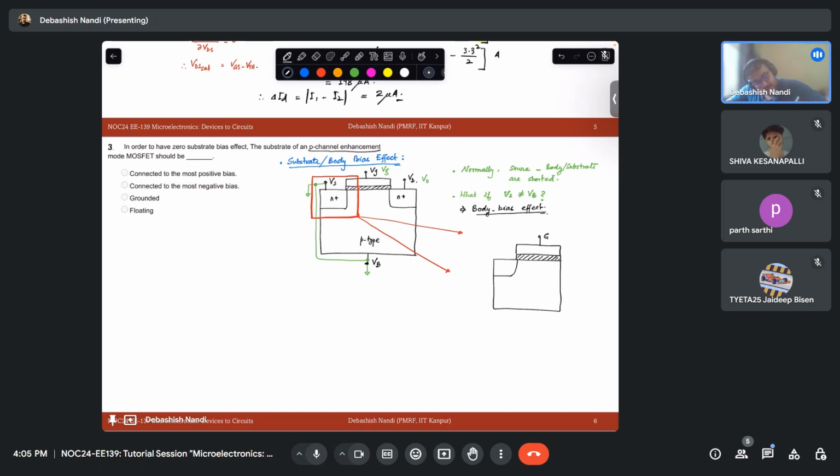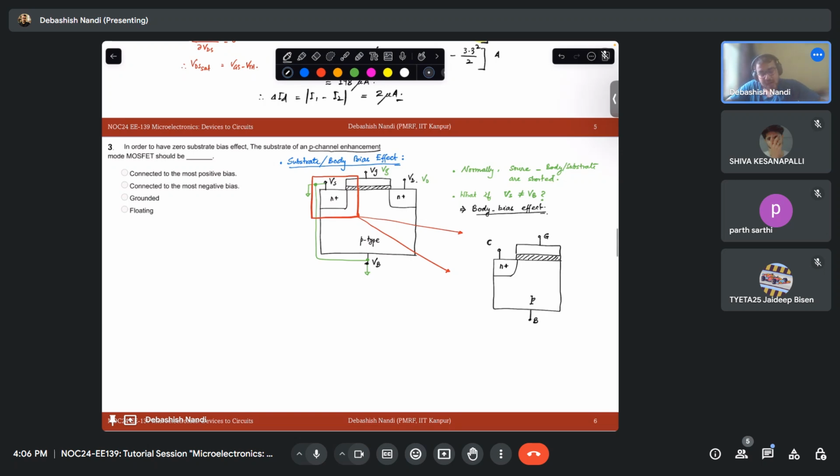This is gate, this is body, this is N plus region, this is P, and let's call it some contact C. It may be source, it may be drain. Let us call it a C, okay?